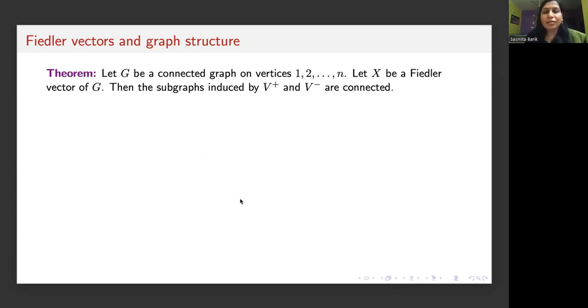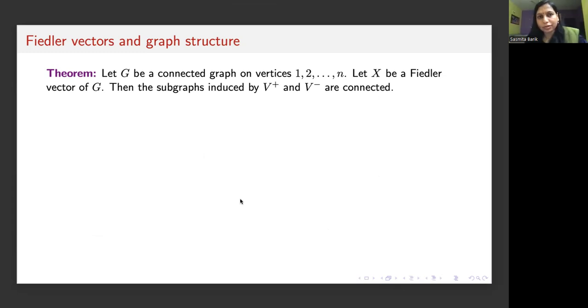So this is a main result which tells much more, and it is used to get the other results. If you take a connected graph and x is any Fiedler vector of G, I define V plus as all the vertices which are non-negative corresponding to x.